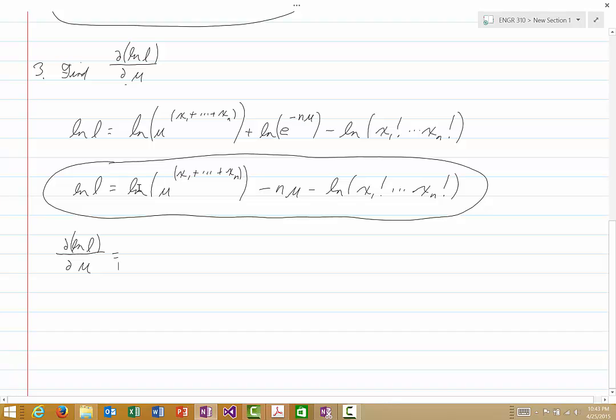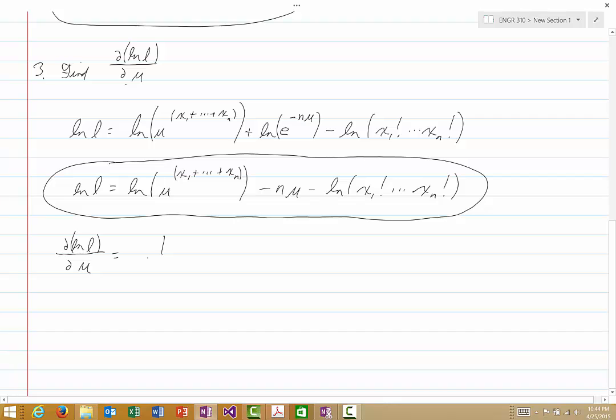Well, remember that the derivative of log of u, not mu now, but the derivative of log of u is 1 over u du dx. So when we differentiate this log of mu raised to this exponent, we're going to get 1 over mu raised to that exponent.